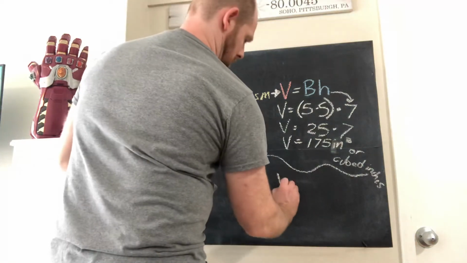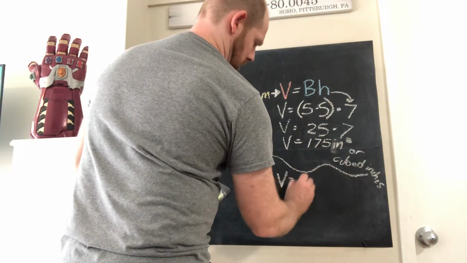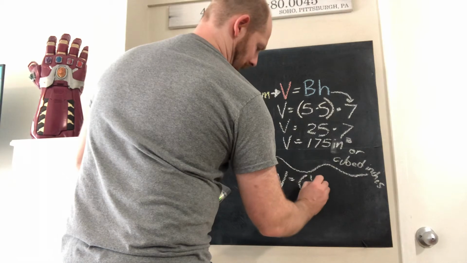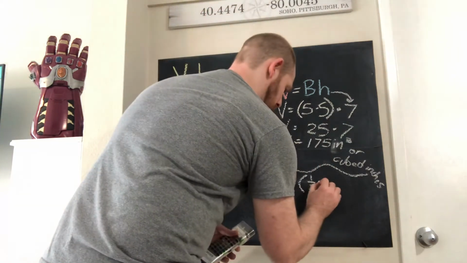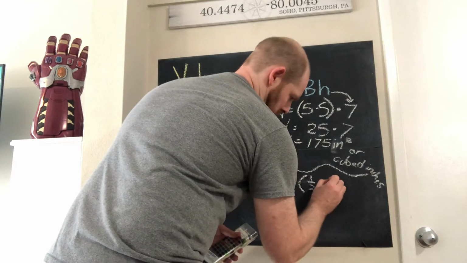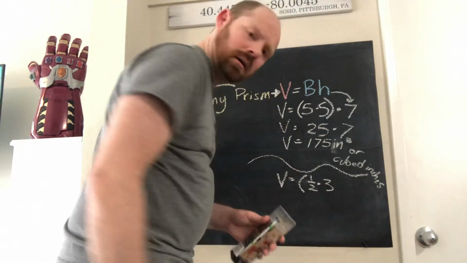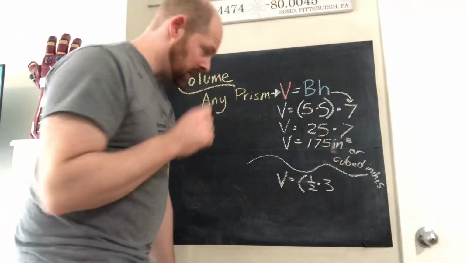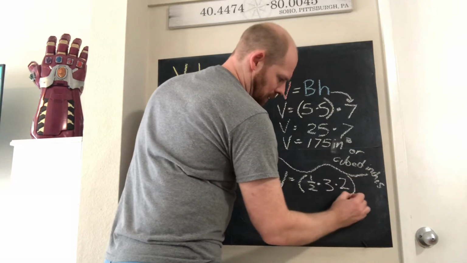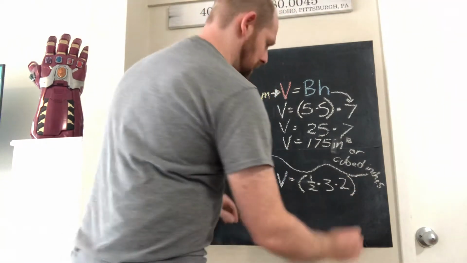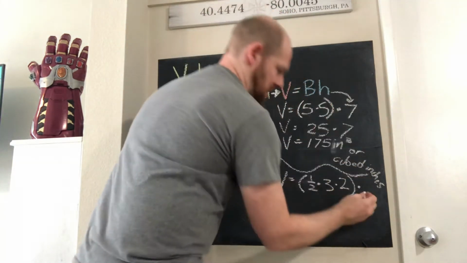The base is going to be 1/2 times the base, which is 3, times the height, which we're just going to say it's 2, and then multiply by the height, which is 8.